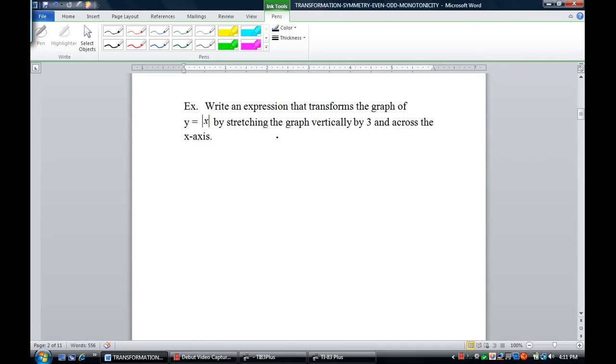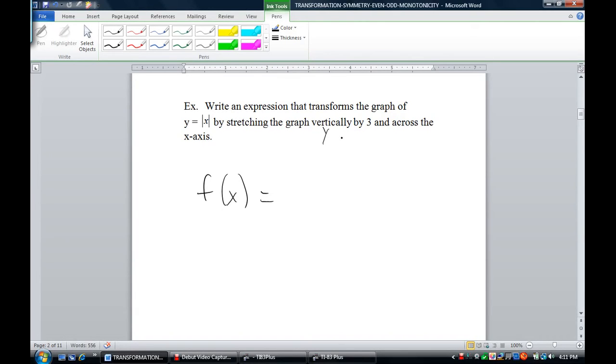Here's another one. We're going to take the absolute value of x, and we're going to stretch the graph vertically by 3 and across the x-axis. Stretching vertically is the same as the y's, up and down.